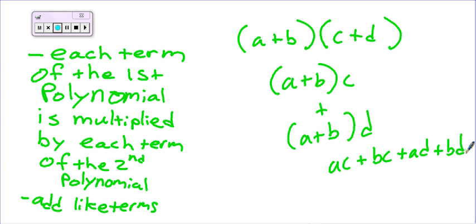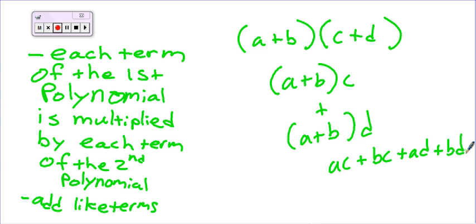Did I get the exact same answer? Maybe in a different order, but I did get the same answer. All right, so far so good? So that's the basic rule right there.